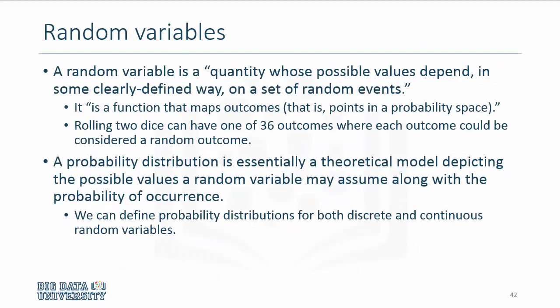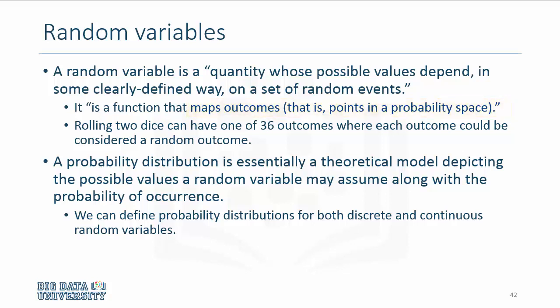The discussion about probability is not complete without a discussion about random variables. Essentially, a random variable is a quantity whose possible values depend in some clearly defined way on a set of random events. It's a function that maps outcomes, that is, points in a probability space. So probability space essentially is all possible outcomes.